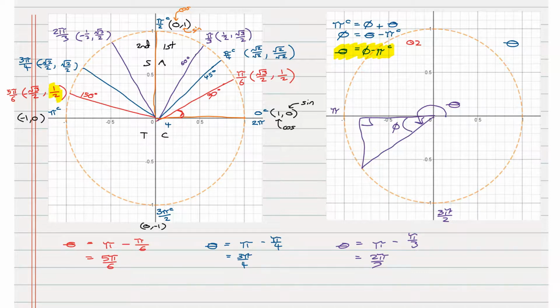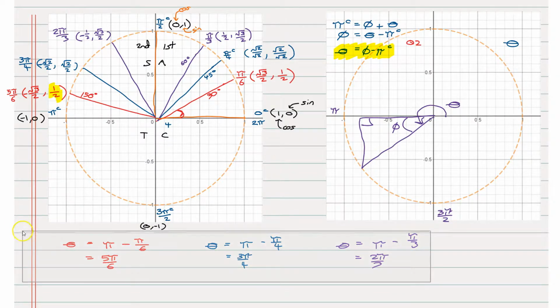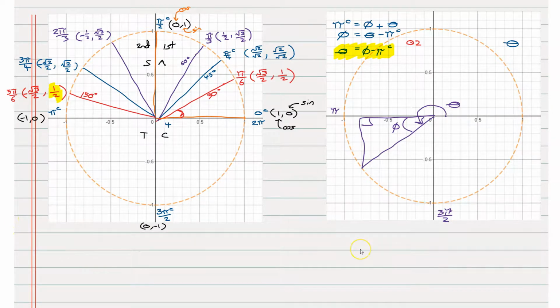Looking at this interior angle here, we can describe this interior angle phi as theta minus pi.